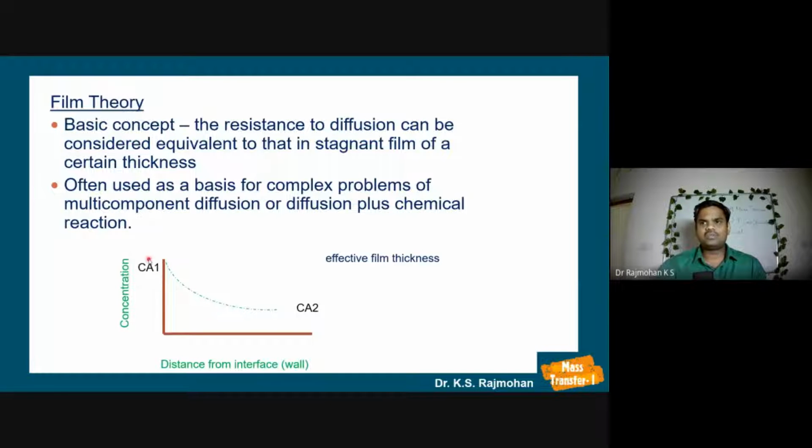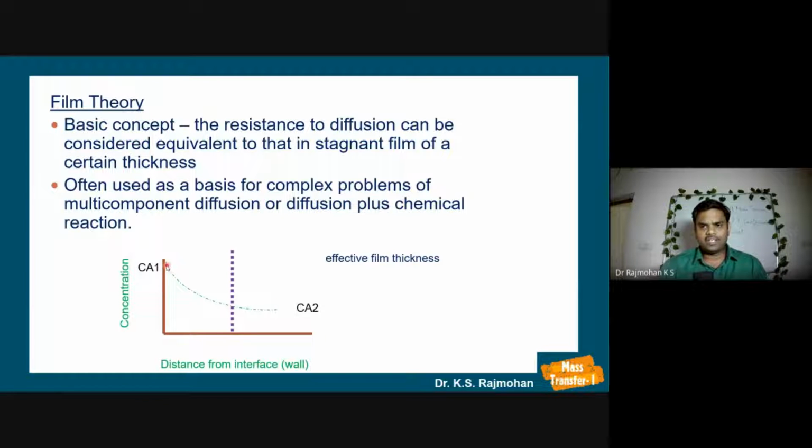Even if it is multi-component diffusion or diffusion plus chemical reaction, this basis will be very much useful. Here, instead of considering the whole distance away from the interface, where there is a concentration at the interface and another in the bulk, we can consider a thin stagnant film, an effective film thickness, something imaginary.